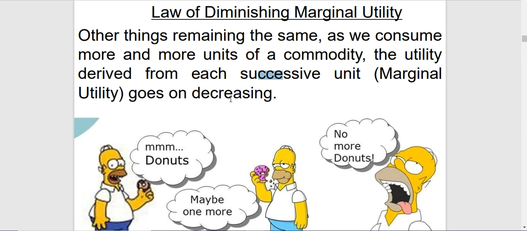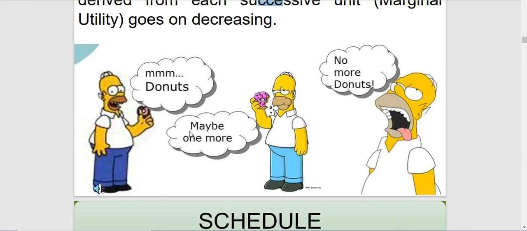That means as you are consuming the first unit of any commodity, earlier we had taken the example of apples. Now in this picture we are taking the example of donuts. When the first donut is consumed, the consumer looks so happy and wants to have a second one. And the second one also gives him quite a lot of satisfaction. But after that, he says, no, I am totally full.